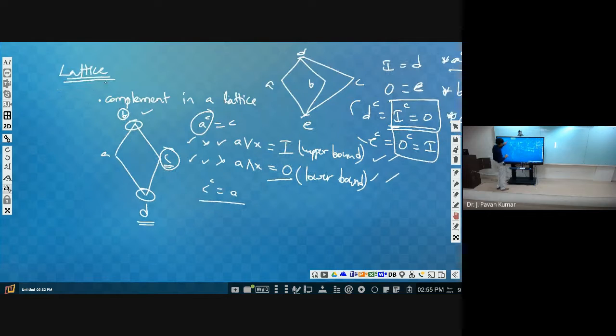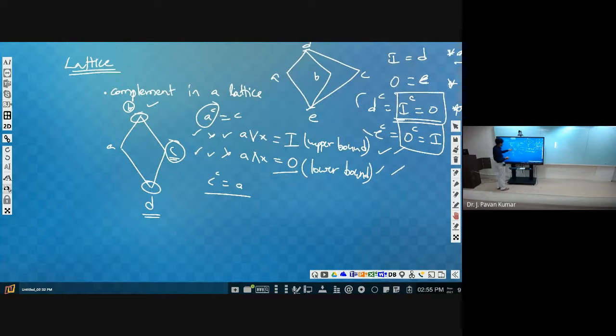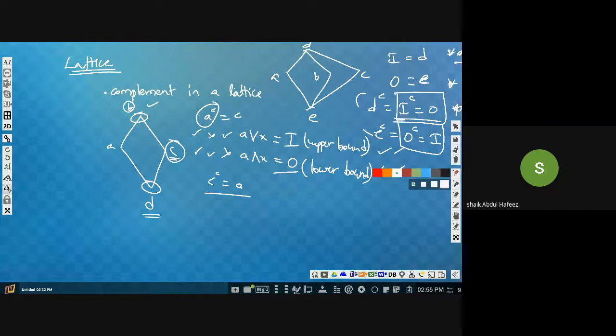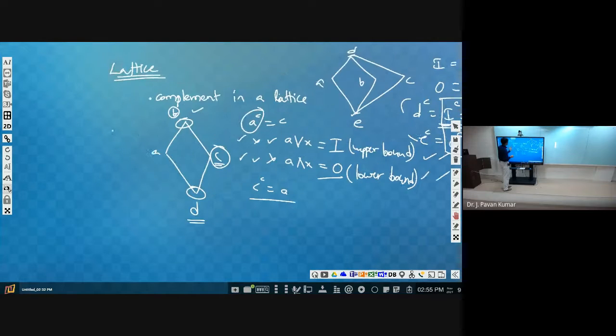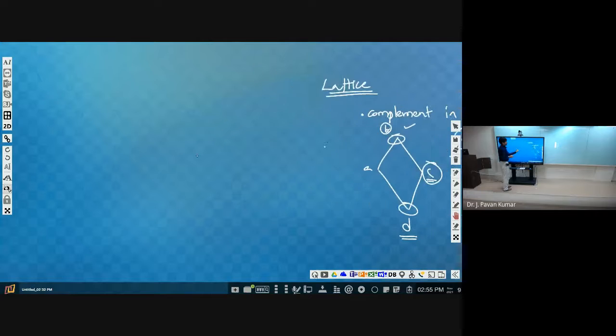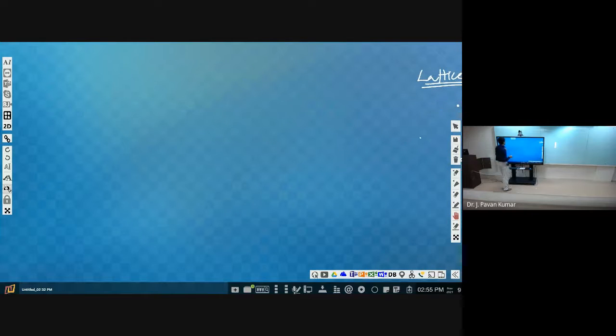Of course, this is the same as what we have seen earlier. So A complement, B complement, C complement, D complement, all exist. So it can be considered a distributive lattice. Next, consider another important one called complemented lattice.